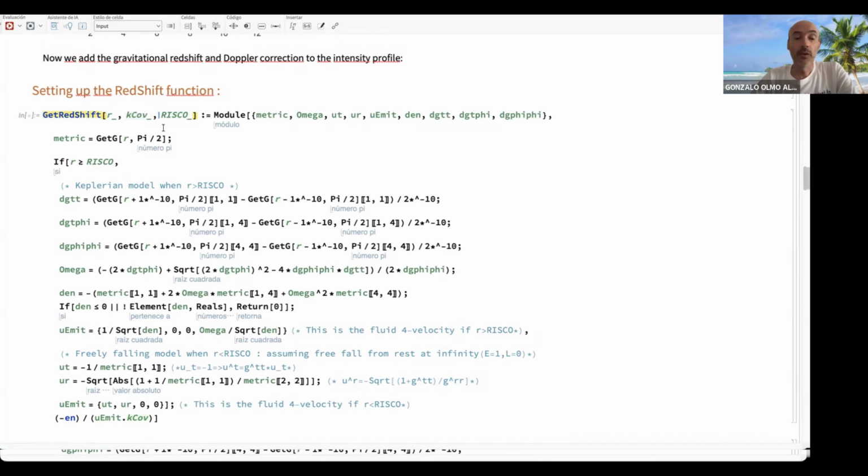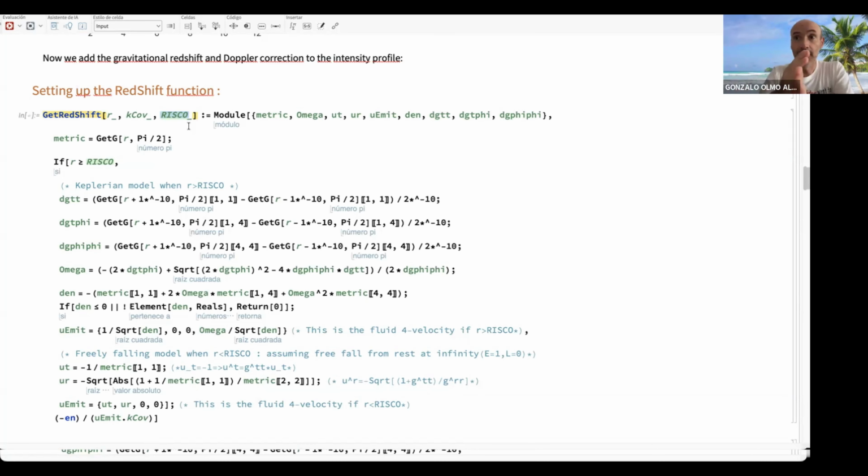Now this other variable, R ISCO, represents the location of the ISCO of the particular model we are considering. This is because I'm going to split the disk, or the equatorial plane, in two sectors, specific for these Kerr-like solutions.